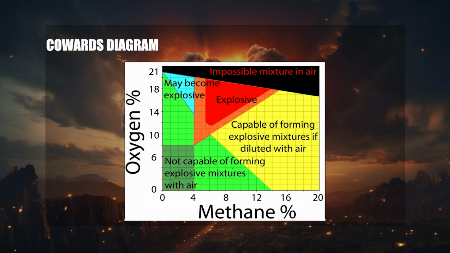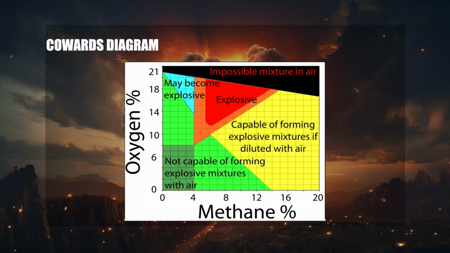The left one may become explosive, that is, the air is sufficient to explode a methane. The bottom one is not capable of forming an explosive mixture with air, because in this area there is insufficient air or oxygen as well as insufficient methane.